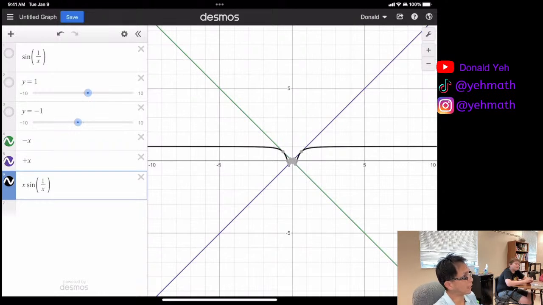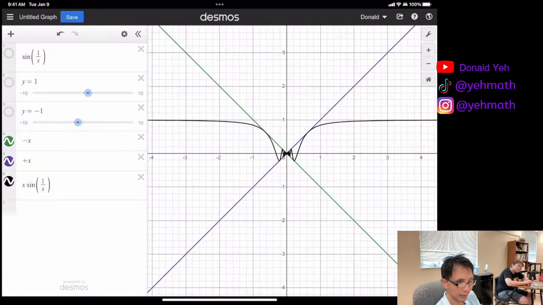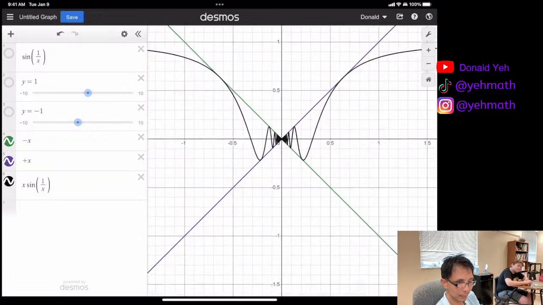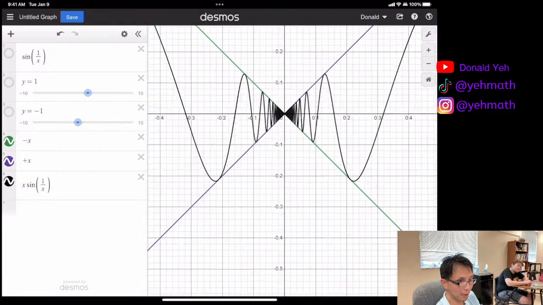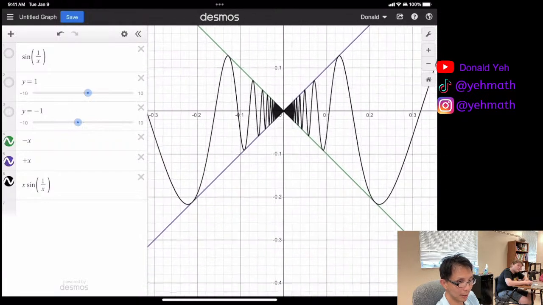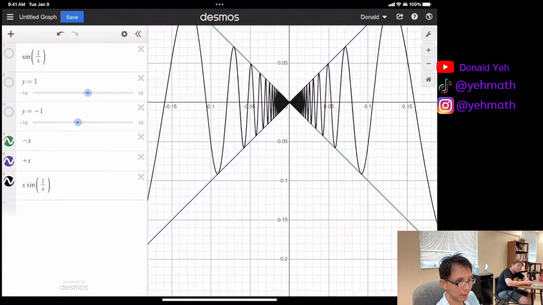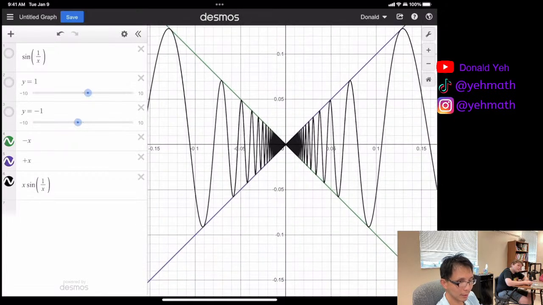Remember, the purple line is positive x. The green line is negative x. Now look at here. As x approaches 0, it was oscillating. It was undefined. Do you see that?